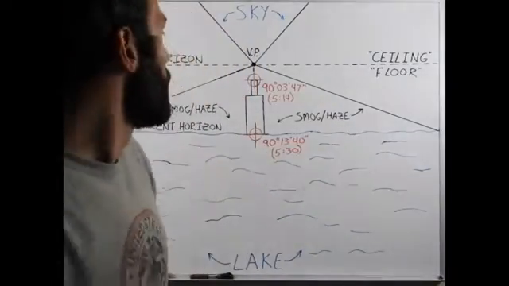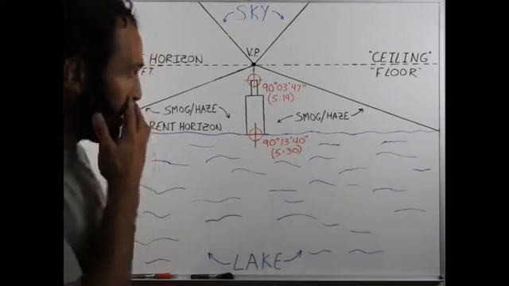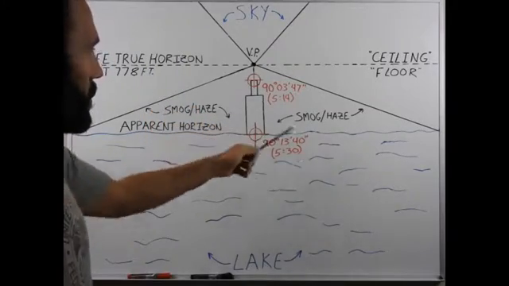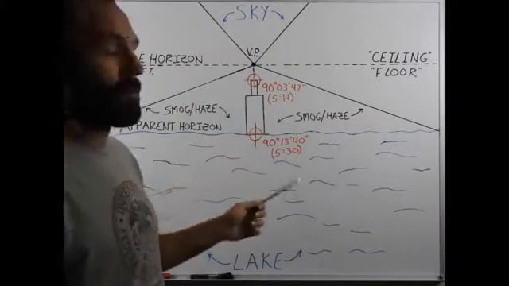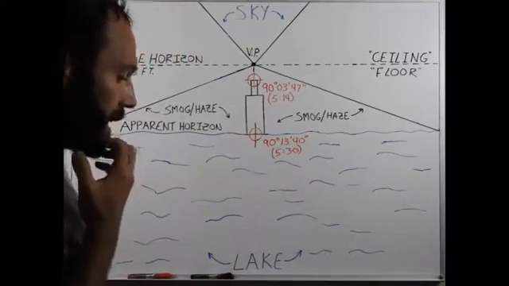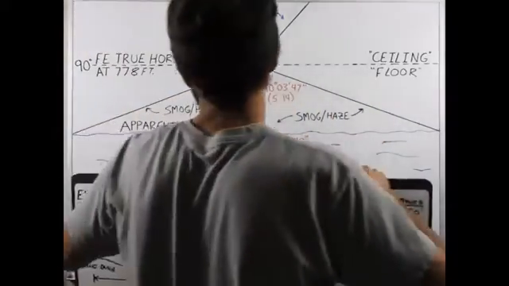So, that would also be the case on a flat earth. And I think that this distortion effect is due to the fact that we're so close to the floor, so close to the earth.